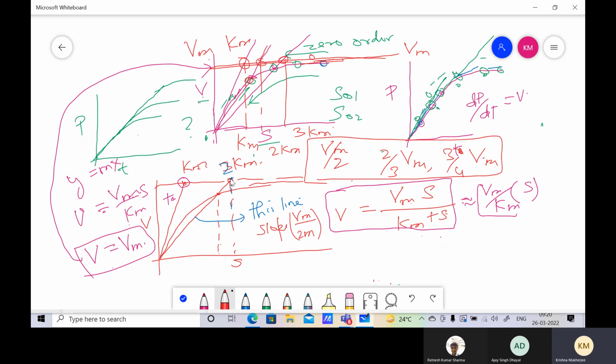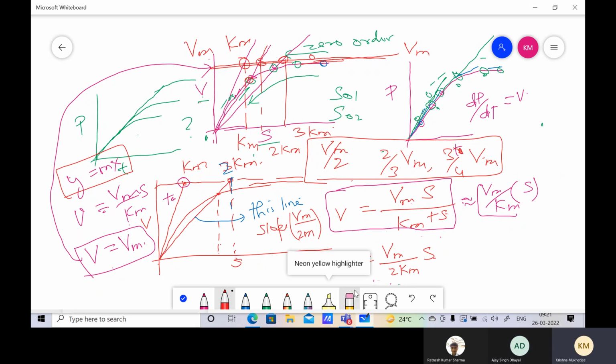Because this is the y-axis Vm, and you want to look at the asymptote. So your equation is y is equal to mx. So you have V is equal to Vm by 2 Km into S, the equation of this line.